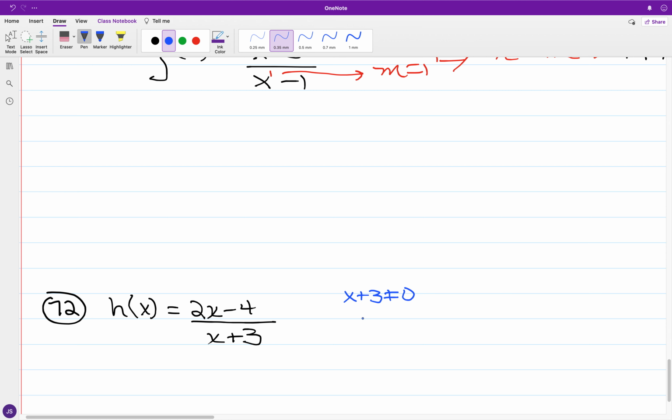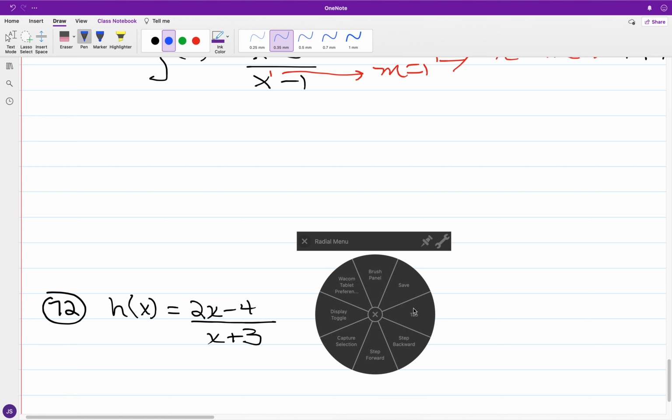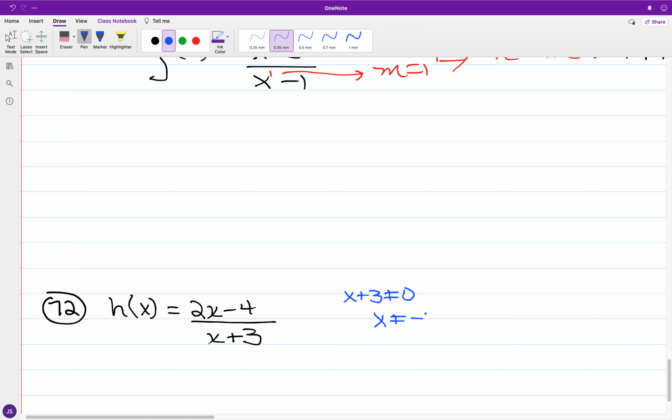For the ratio to be defined, the denominator cannot be equal to 0. So if x plus 3 cannot be 0, we have that x cannot be equal to negative 3. So for the domain, you have those values x such that x is less than negative 3, and for the other half, those values of x such that x is greater than negative 3.